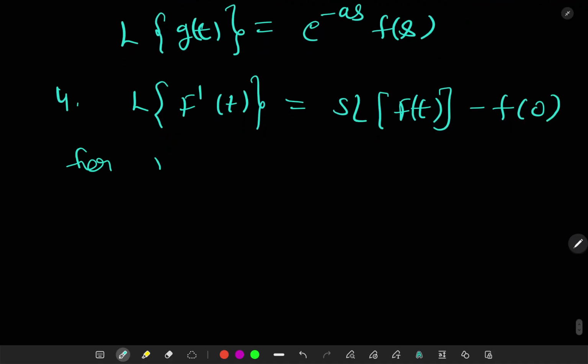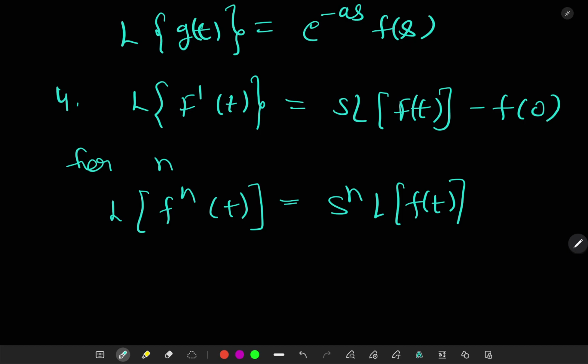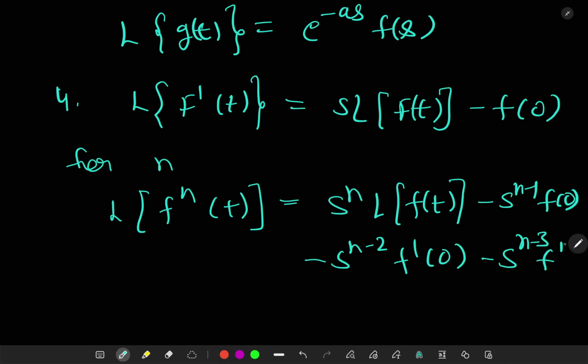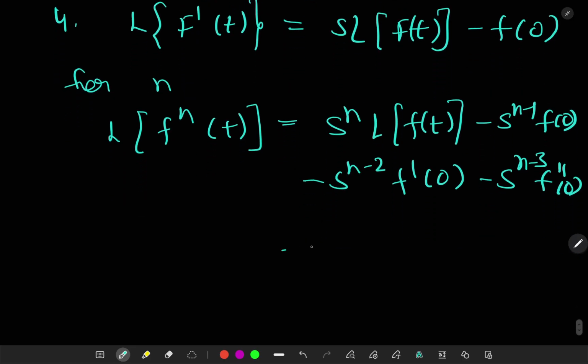For the nth order derivative, the Laplace transform of f raised to power n, a derivative n times, equals s raised to power n times the Laplace transform of f(t) minus s raised to power n minus 1 f(0) minus s raised to power n minus 2 f dash 0 minus s raised to power n minus 3 f double dash 0, up to f raised to power n minus 1 of 0.